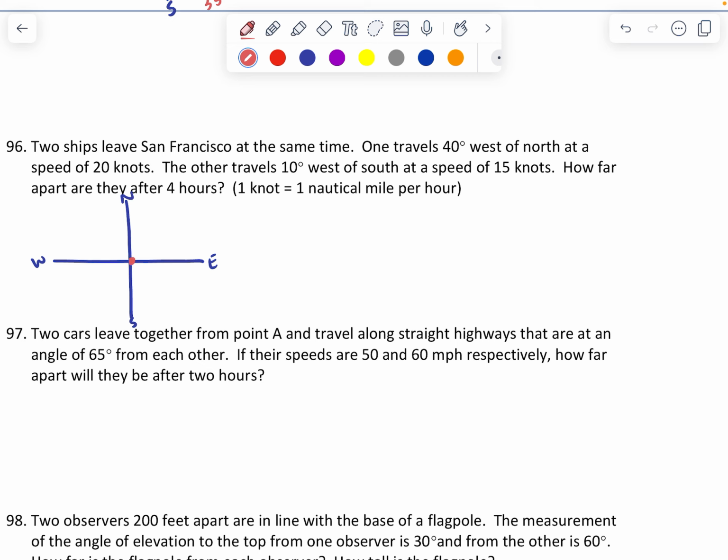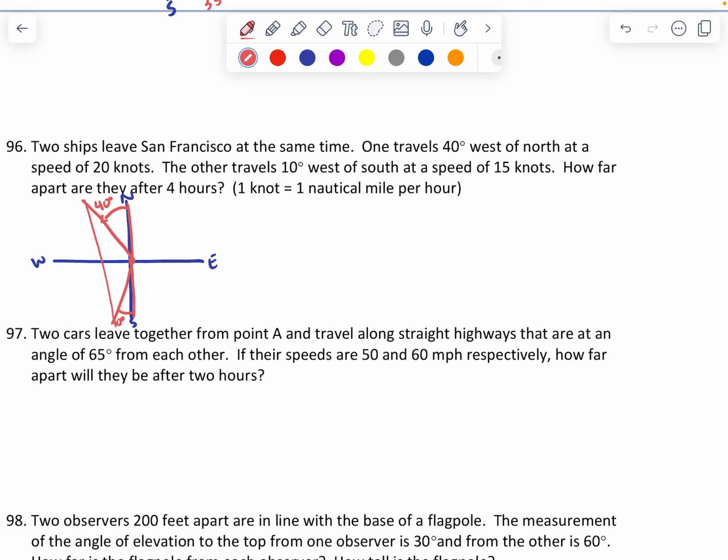One travels 40 degrees west of north. Well, if this is north, 40 degrees west of it is going to be this direction, right? So here's ship number 1. And then it says the other travels 10 degrees west of south. So if this is south, 10 degrees west of that is going to be a little bit like that. Then it says, how far apart are they after 4 hours?